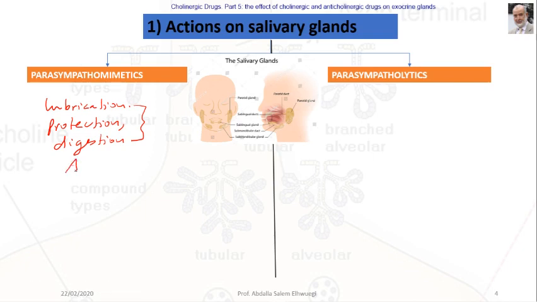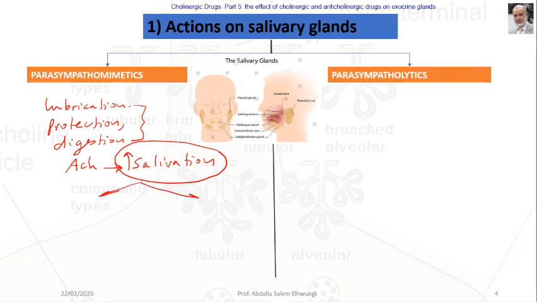Cholinomimetics, or acetylcholine-like drugs, will increase excretion of the salivary glands, and this is known as salivation. So we expect that cholinomimetics increase salivation. This salivation can be a side effect and it can be an indication.